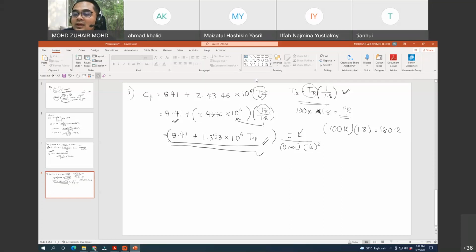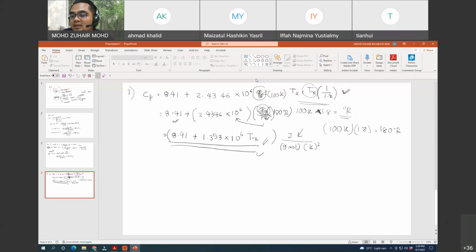So it's not like instead of T, we just put 100 Kelvin, and then here we change to 180 Rankine. It's not going to be like this. It's not a direct conversion.